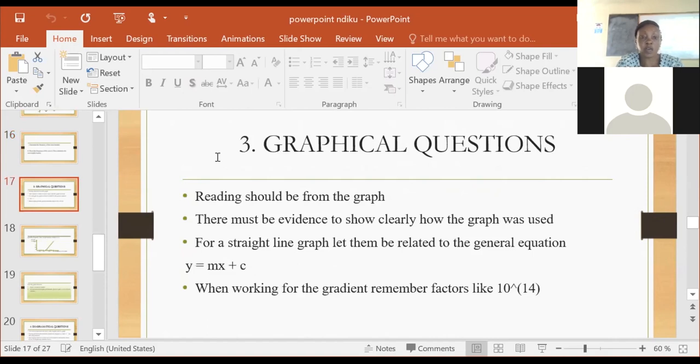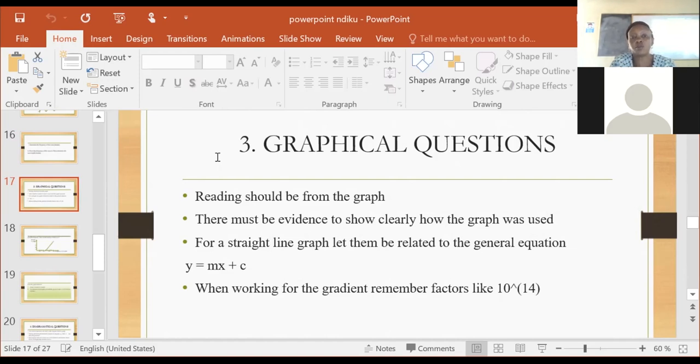We have the third type of question, the graphical questions. It's good to note that in the theory papers, both paper 1 and paper 2, we have no drawing of graphs. Graphs are only drawn in the practical paper.